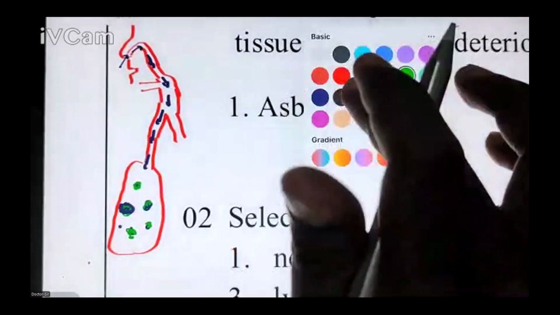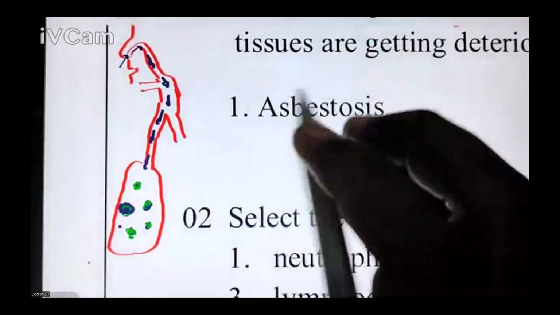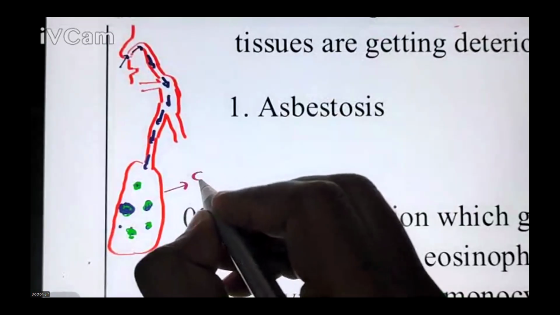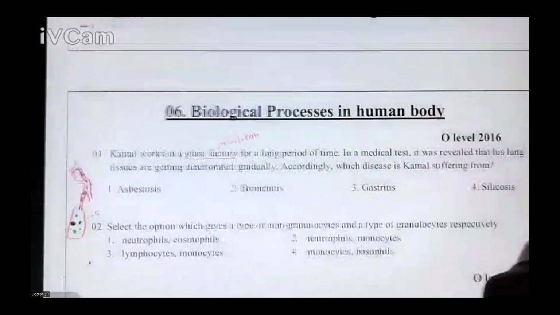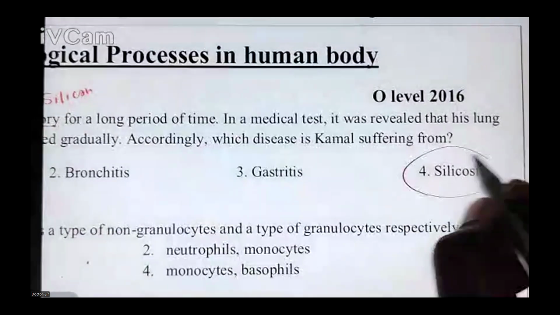Then it also damages some lung tissues as well. That condition we call silicosis. So silicosis, answer 4.